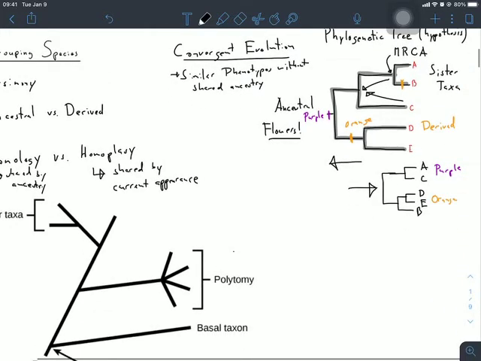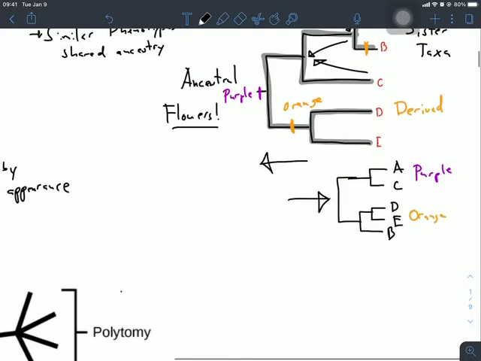Now, one thing that I will note in these drawings of our phylogenetic trees is that for the purposes of this class, the length of the branches is meaningless.